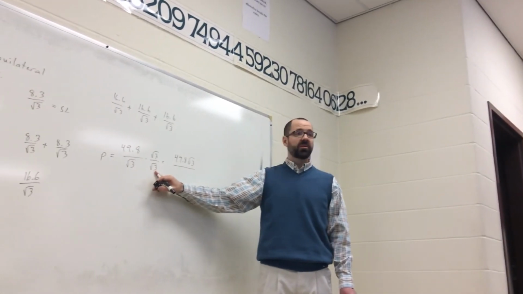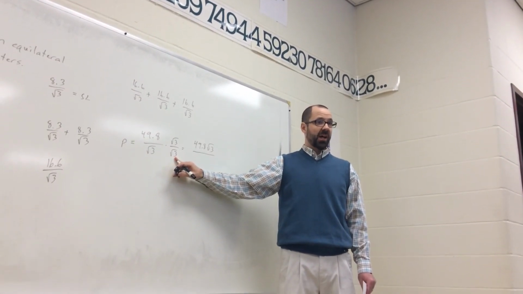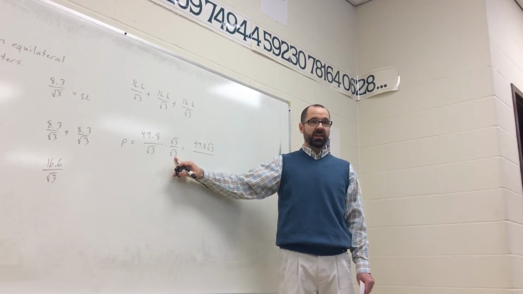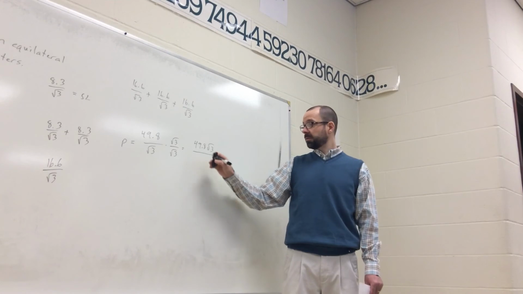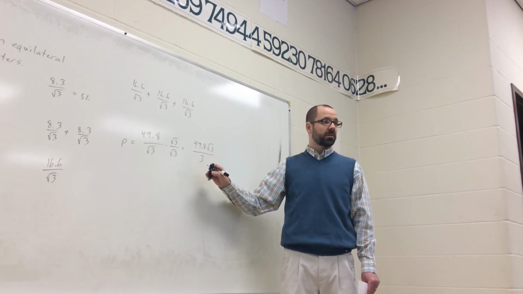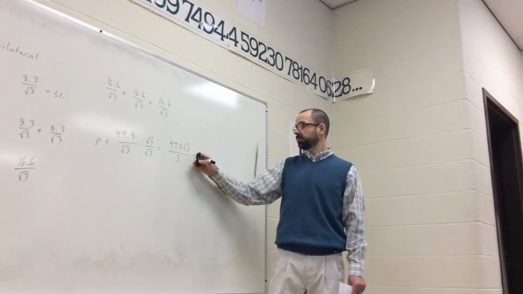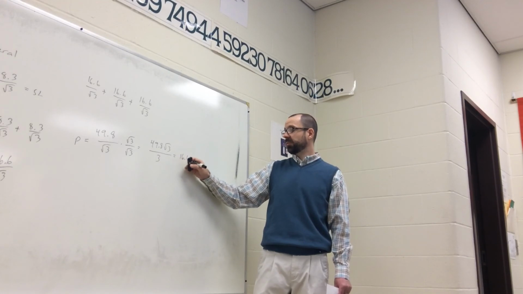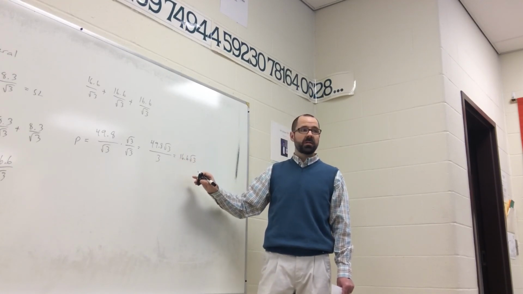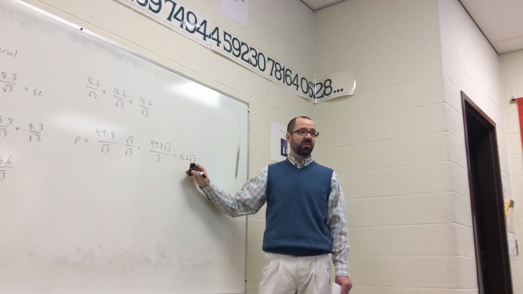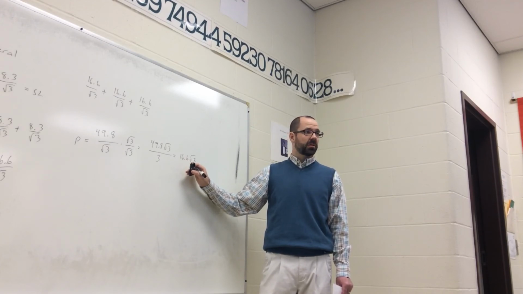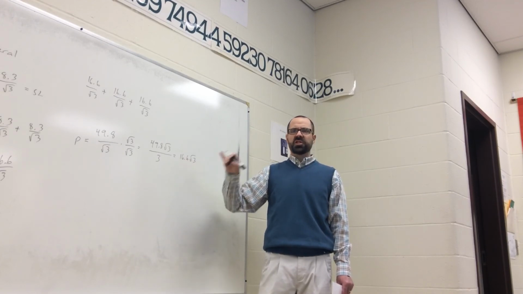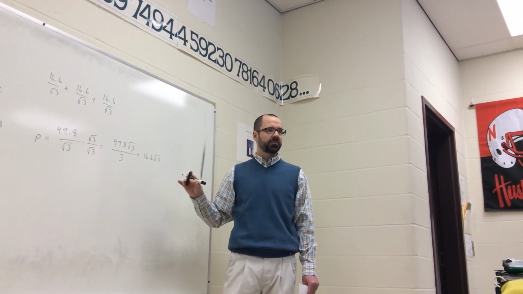And then root 3 times root 3 is root 9, and then root 9 is 3. And then 49.8 divided by 3 is 16.6. So that's your final answer for your perimeter, the distance around the equilateral triangle.